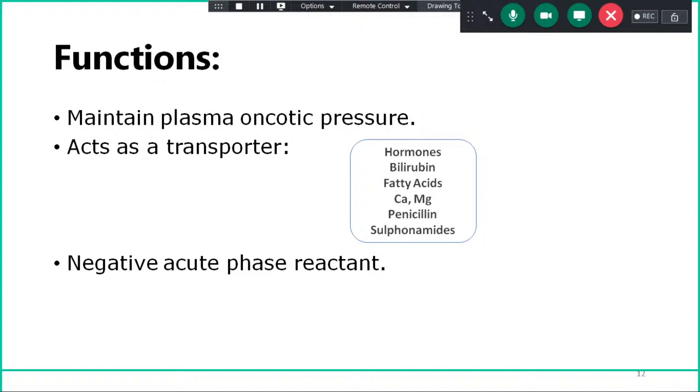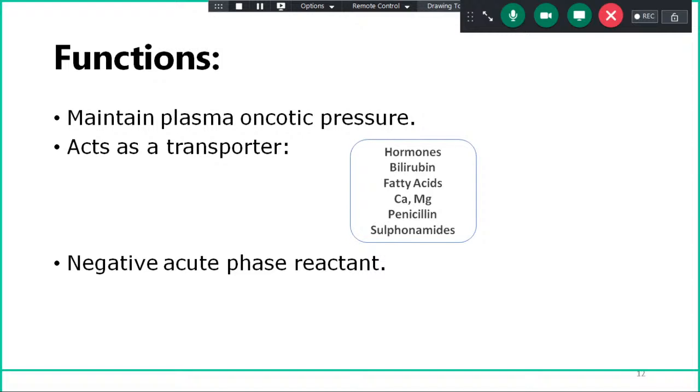In all these conditions, the body has an inflammatory response, or the body is in an inflammatory state, and in this state there are certain proteins that increase and certain proteins that decrease. The proteins that increase in the inflammatory state of the body are called positive acute phase reactants.